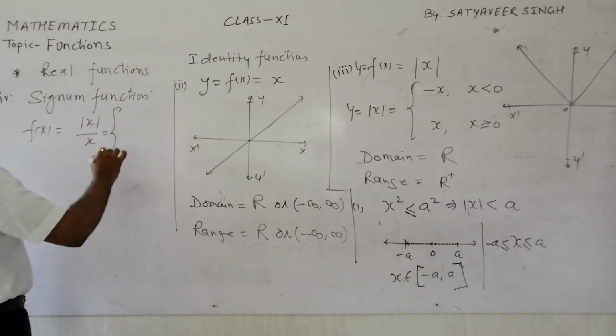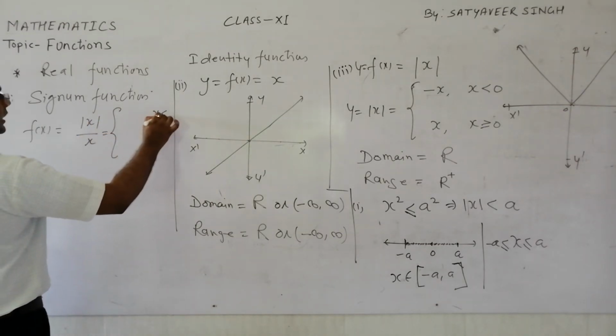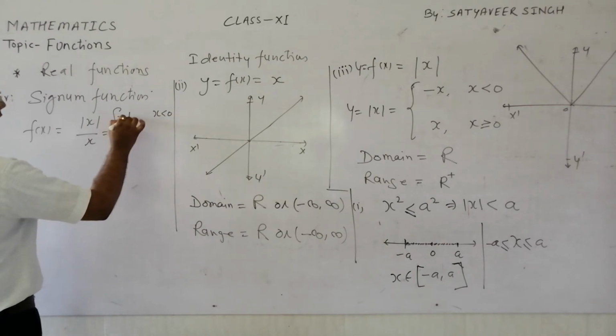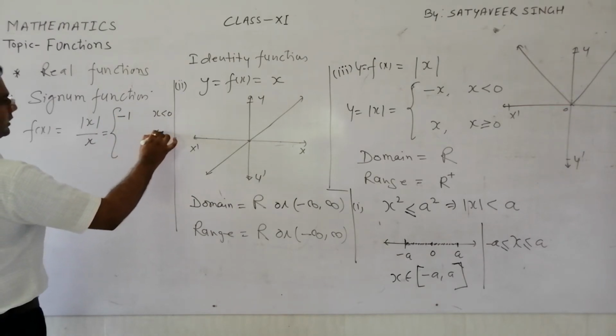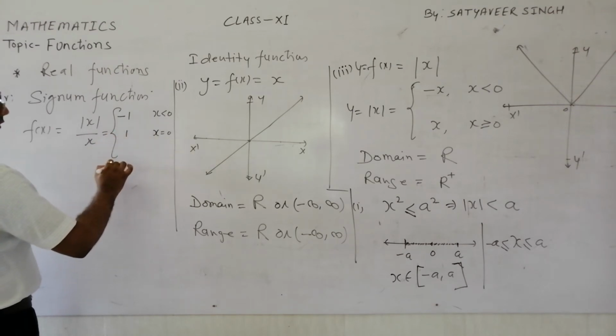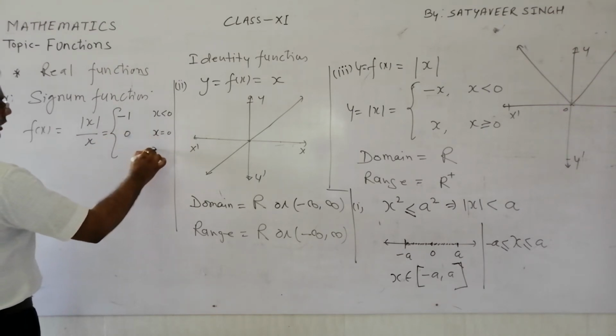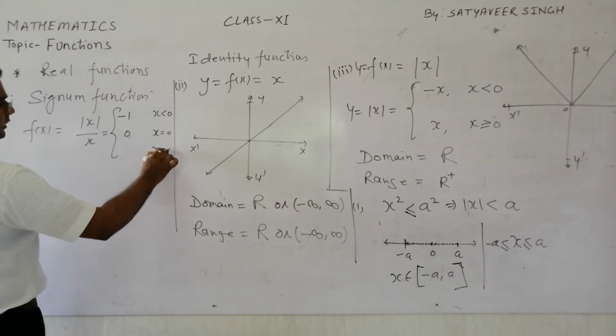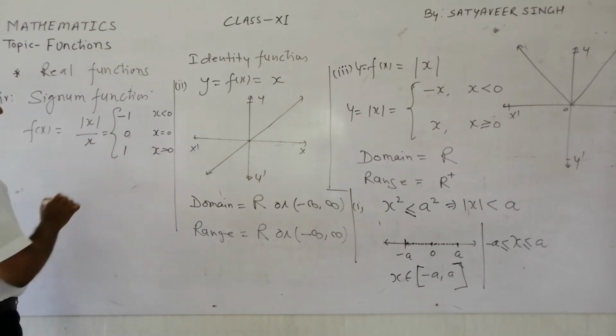It has values like: if x is less than 0, it represents minus 1. If x is equal to 0, it gives you value 0. If x is greater than 0, it will give you 1.